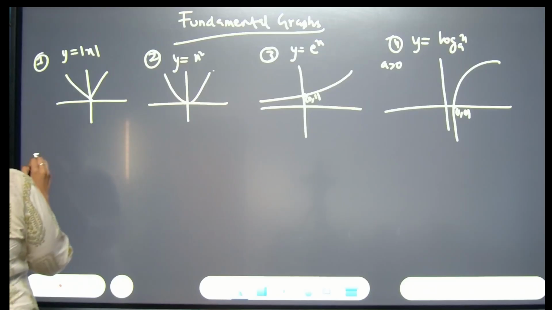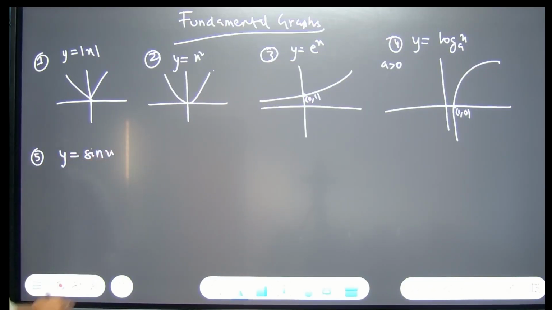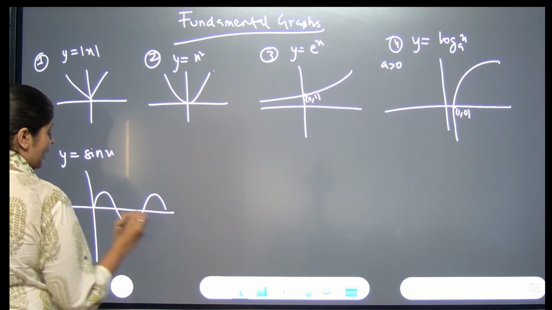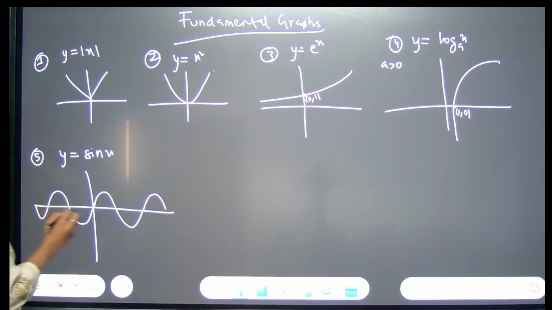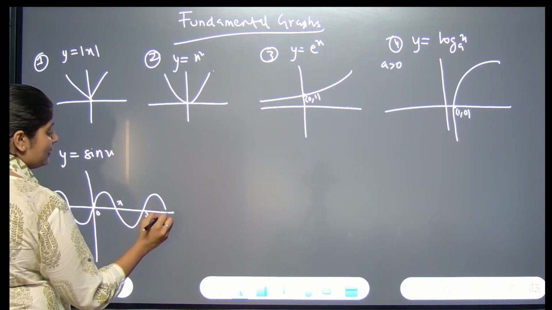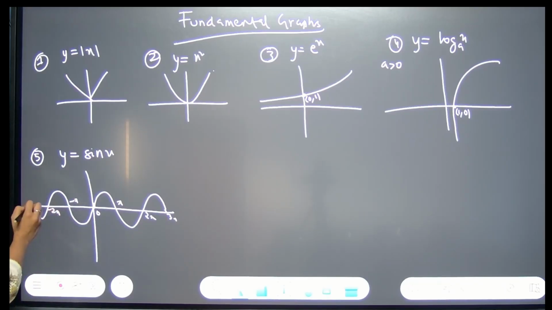Next, the fifth graph would be the trigonometric graph y equals sin x. It is a wave-like structure, and the graph of y equals sin x is this. This is 0, this is pi, this is 2 pi, this is 3 pi, minus pi, minus 2 pi, minus 3 pi. Right.